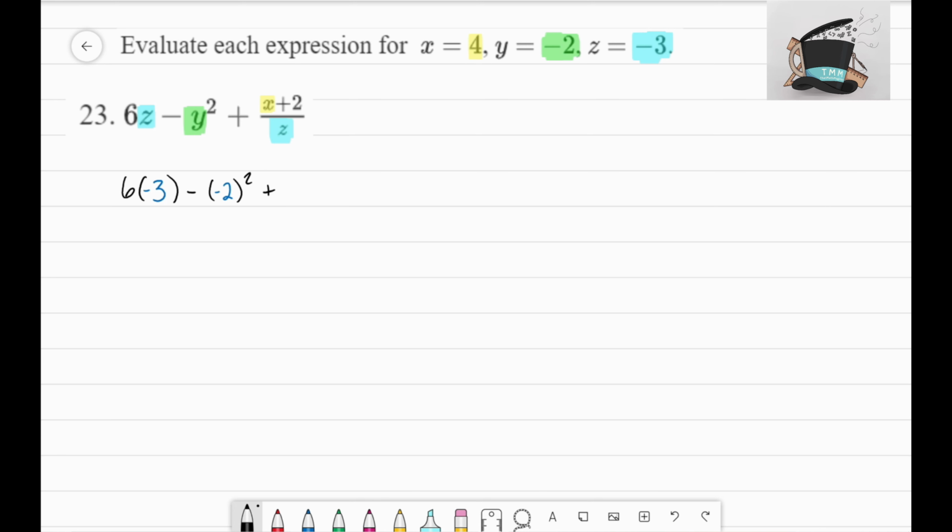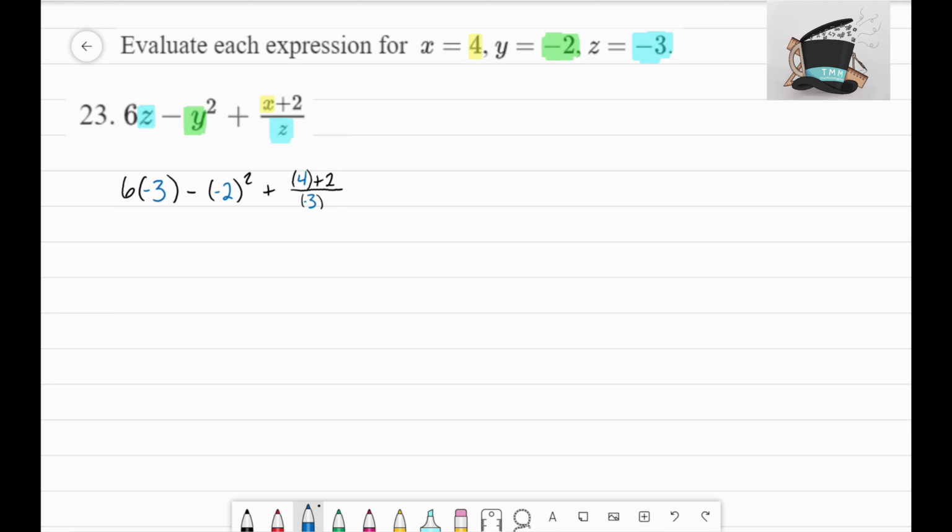And I have plus, now we have a fraction, don't get too afraid, fractions are not that bad. Now it says x plus 2, but I know that x equals 4. So instead of writing x here, I'm going to write a 4, and I still have plus 2 at the end. And that is all over z. And we know z to be equal to -3.